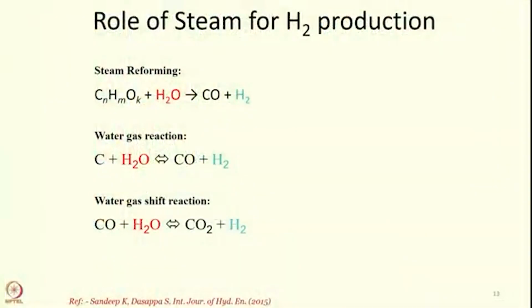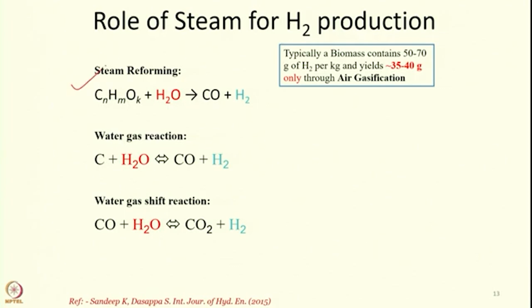Here again, the role of steam is the steam reforming, the water gas reaction and the water gas shift reaction. So we can see it is the steam which is giving us this hydrogen mostly. Hydrogen coming from here we have seen in the pyrolysis process also, but in the water gas shift reaction H2O comes purely from steam, and in the water gas reaction also hydrogen comes purely from the steam.